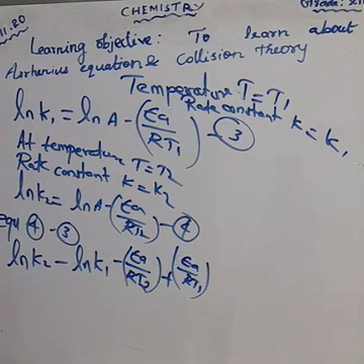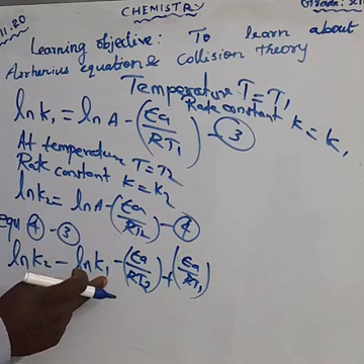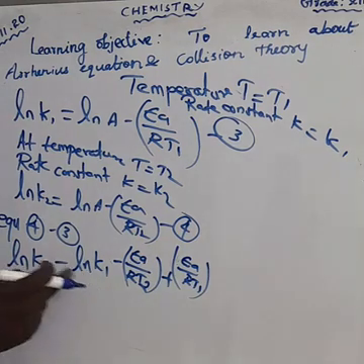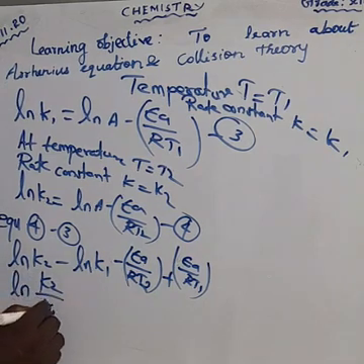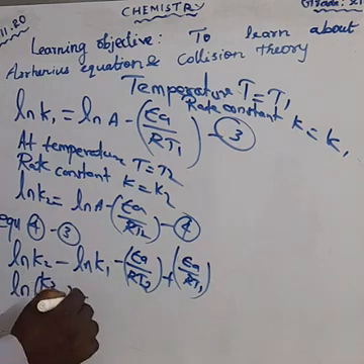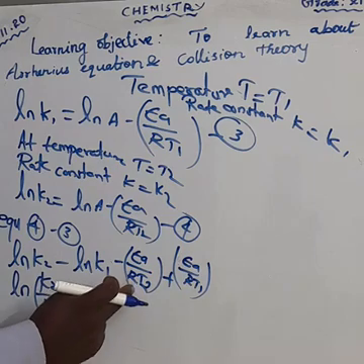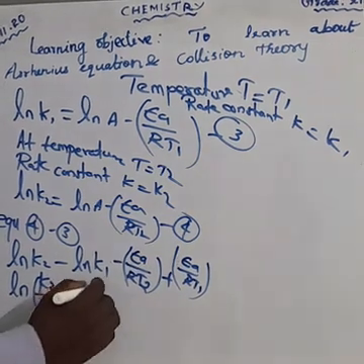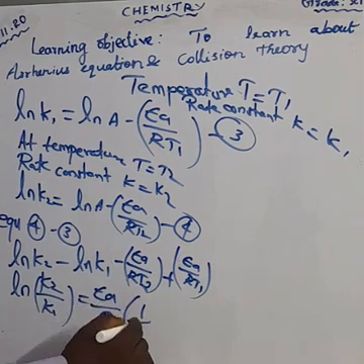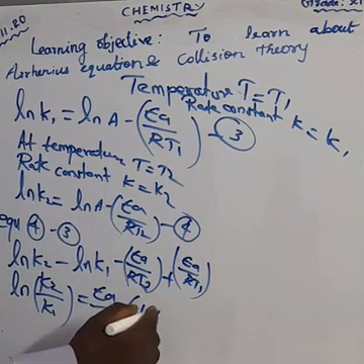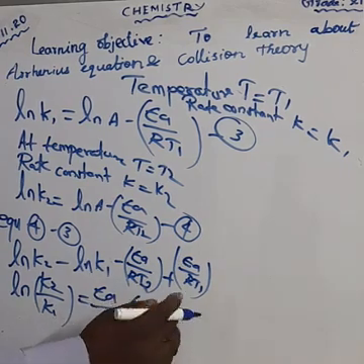Next, ln K2 by K1. We can take common factors, EA common and R also common. ln K2 by K1 is equal to EA by R times 1 divided by T1 minus 1 divided by T2.